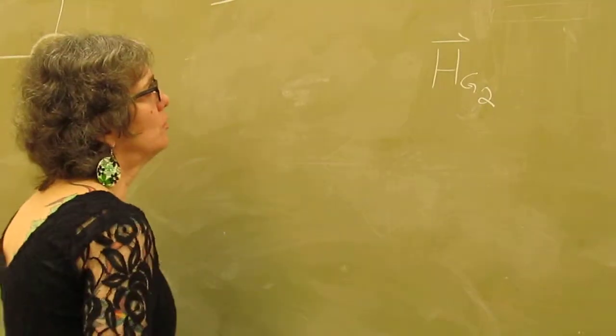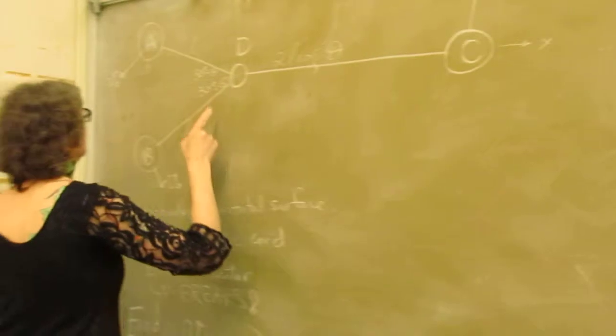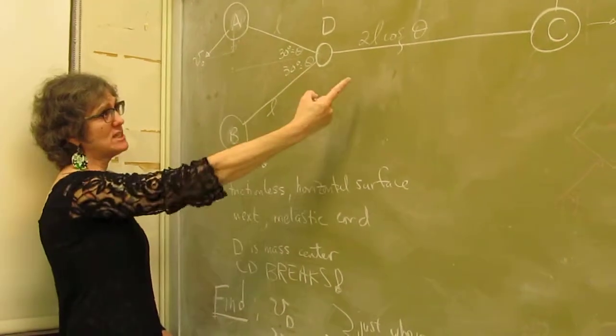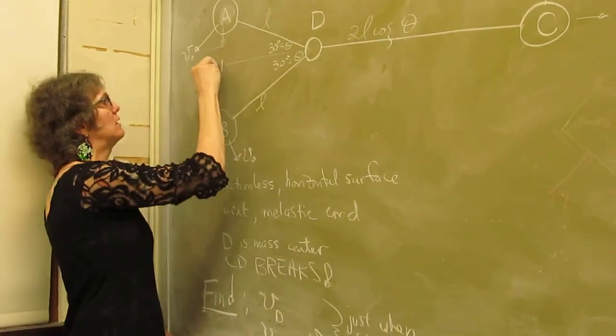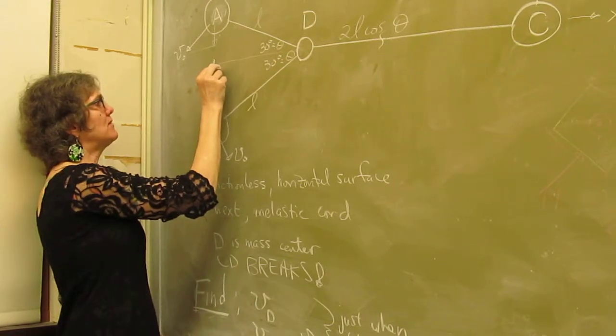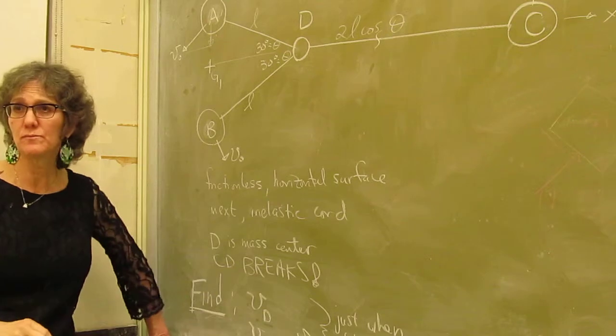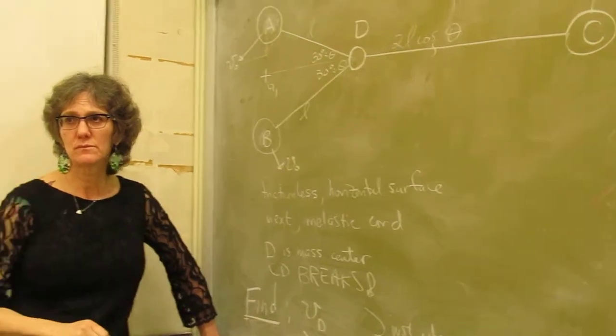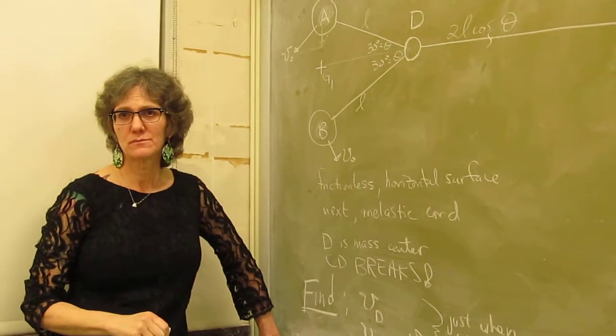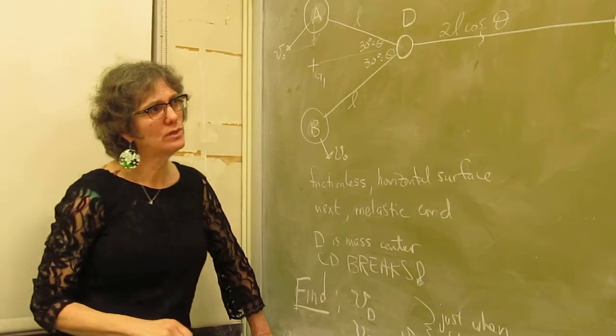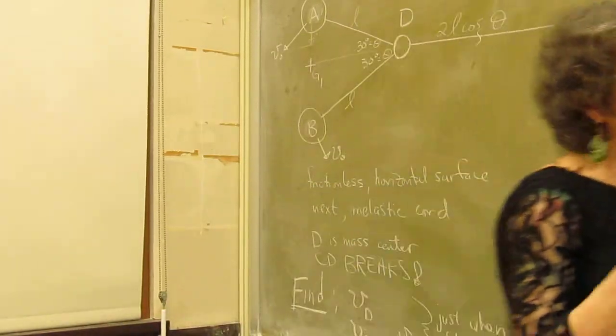All right, so in my original system here, at T1, just after it's cut, here is the mass center. This is the G at time 1. So let's see. Well, okay, what's angular momentum?